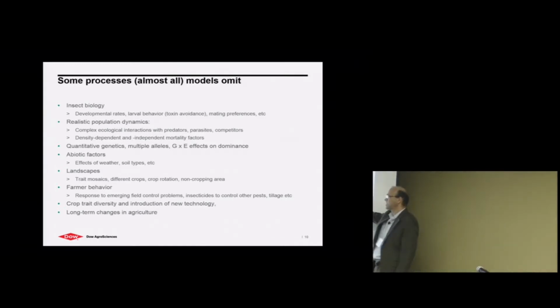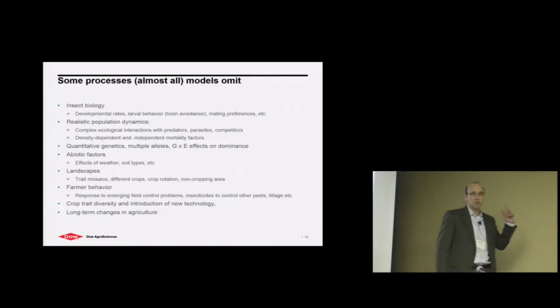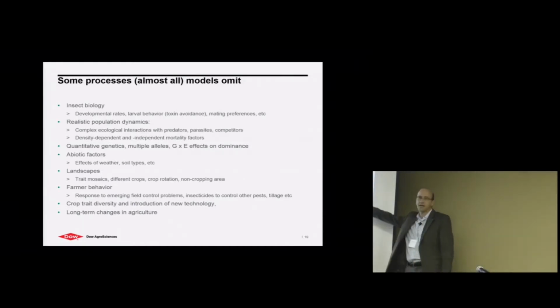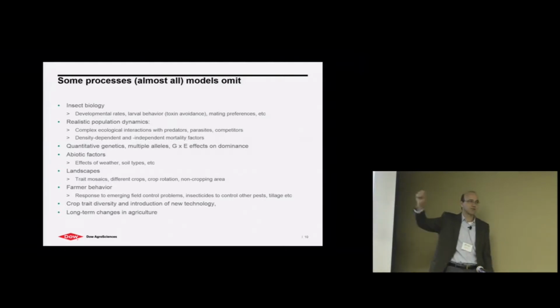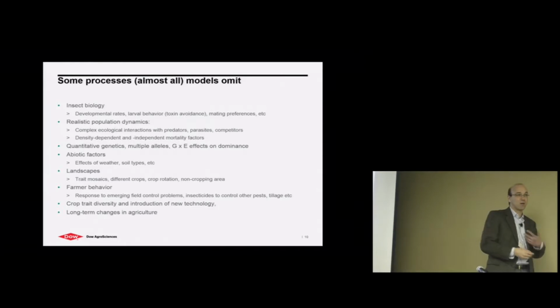So density dependence, density independence, quantitative genetics. We all assume it's one gene, one allele. That allele is giving you complete resistance. And then G by E effects on dominance. So we're measuring dominance. I pulled out a dominance value from my work on Spodoptera.